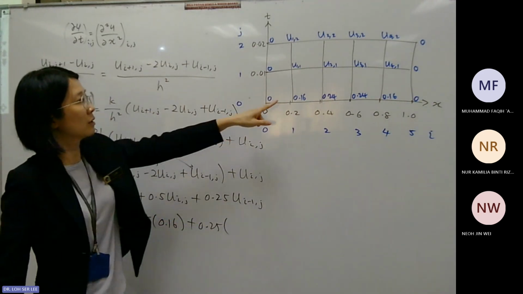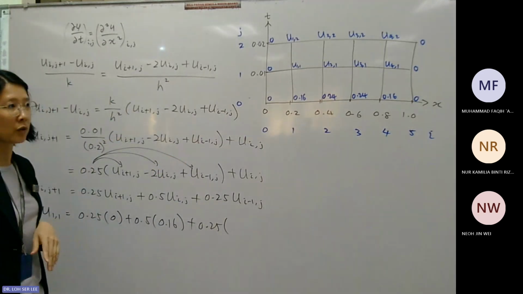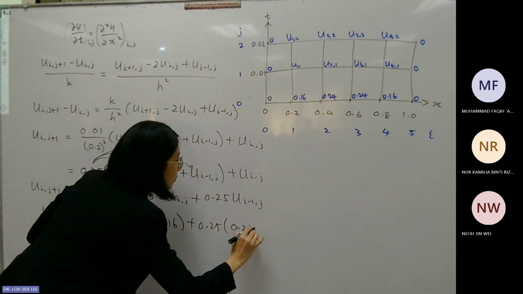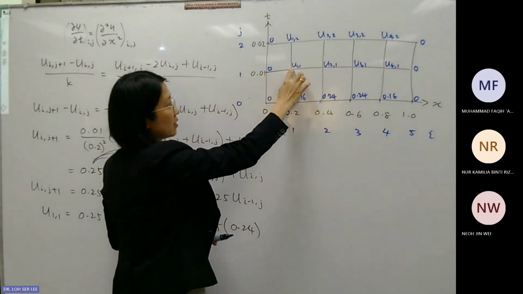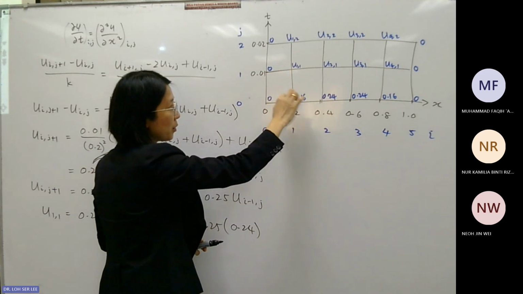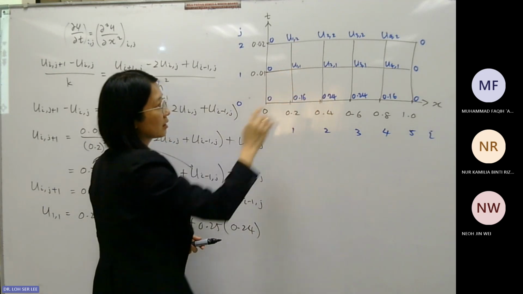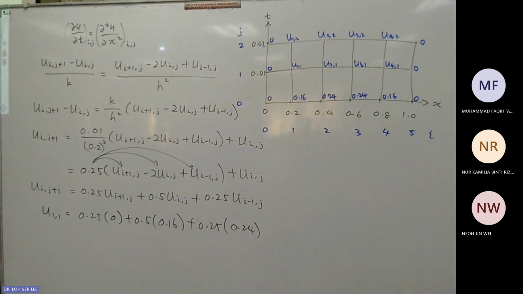The last U is 0.24. Okay, 0.24. When you find for this one, you just need the 3 points underneath. According to the grid that is sketched for the 4 different U's now, you know the position. Then it will be very simple.